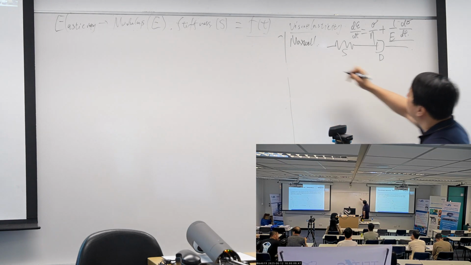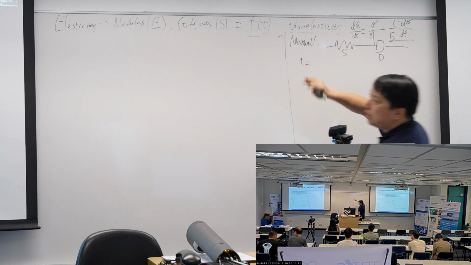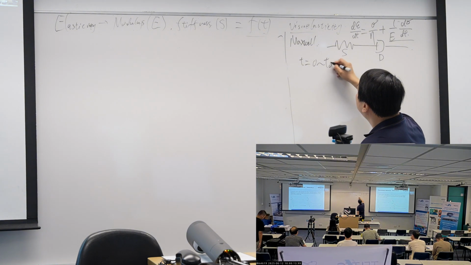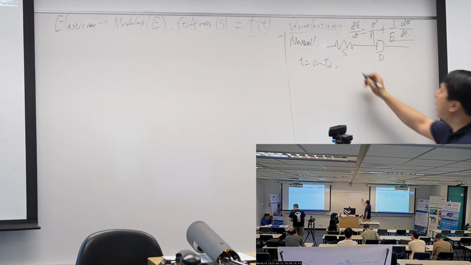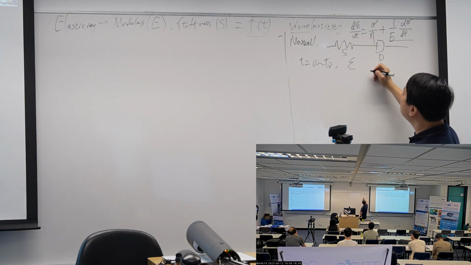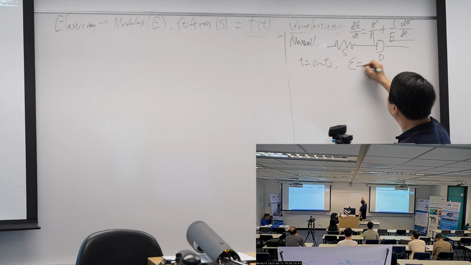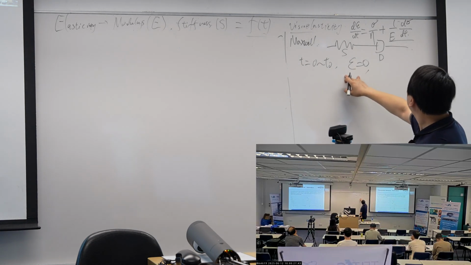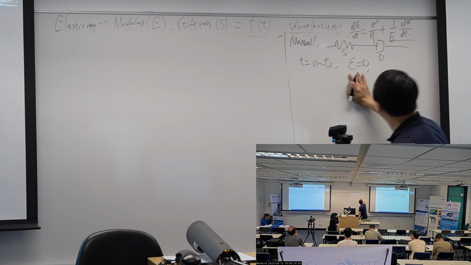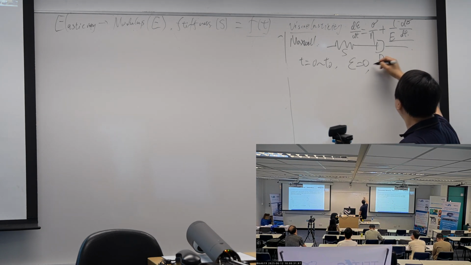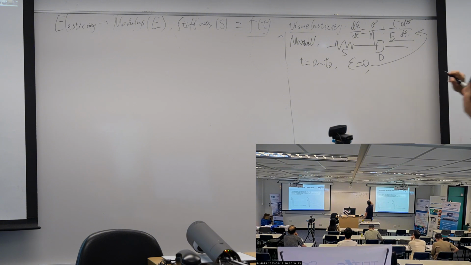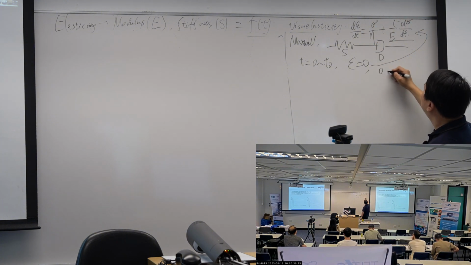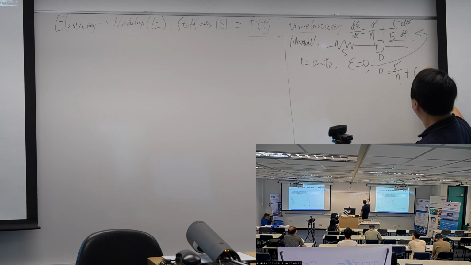And for the deformation, from 0 to t0, the total epsilon should be 0. That's correct. And when I put it back in this equation, the left side is 0 plus sigma over eta, plus this one is also 0.